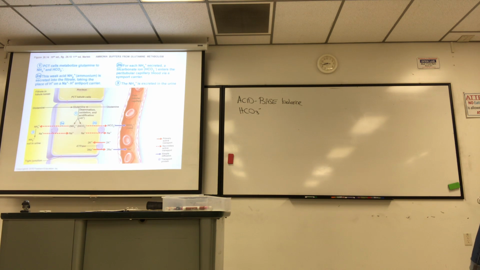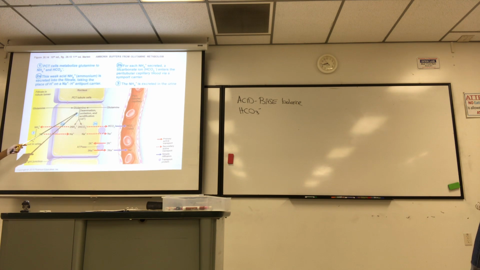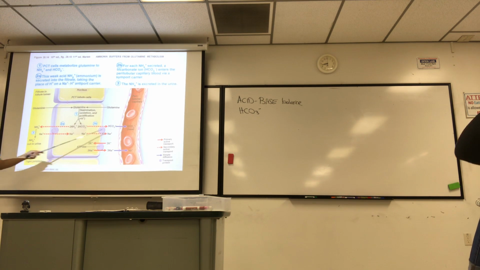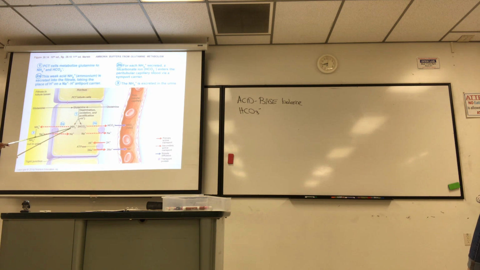So let's look at figures that talk about this. Look what's happening here. You're going to take a molecule, you're going to basically bust it into different pieces, and you're going to transport bicarb one way, and you're going to get rid of an ammonium ion out here. So let's kind of break this down.